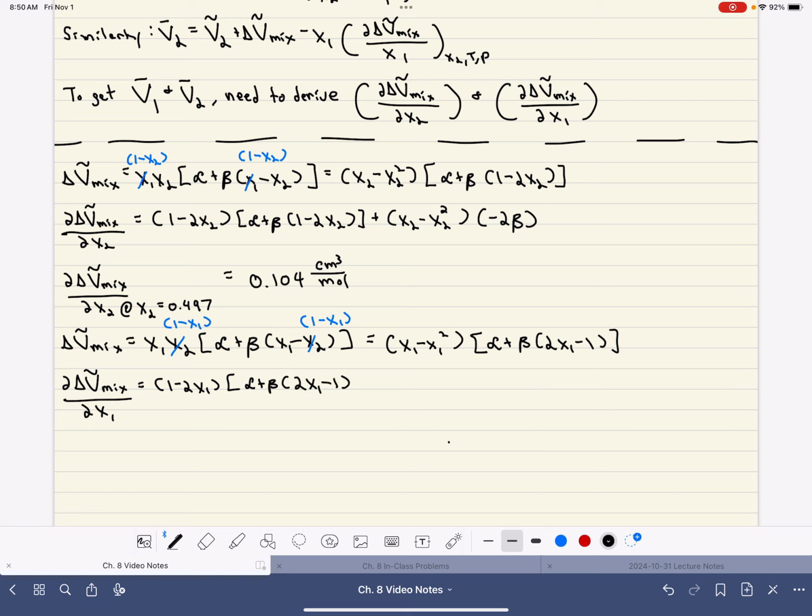x1 minus 1 plus x1 minus x1 squared, positive 2 beta. Okay?